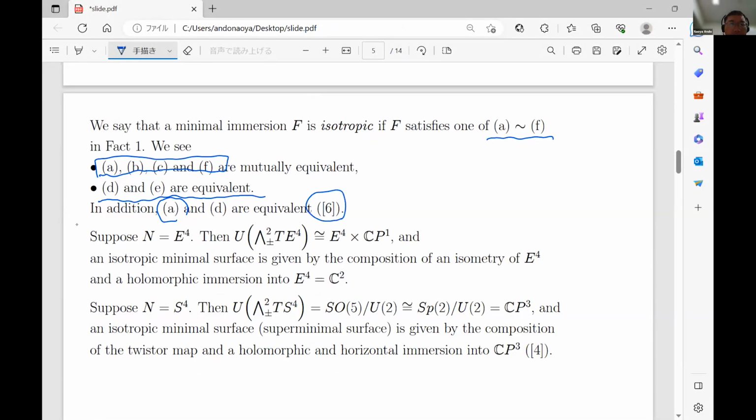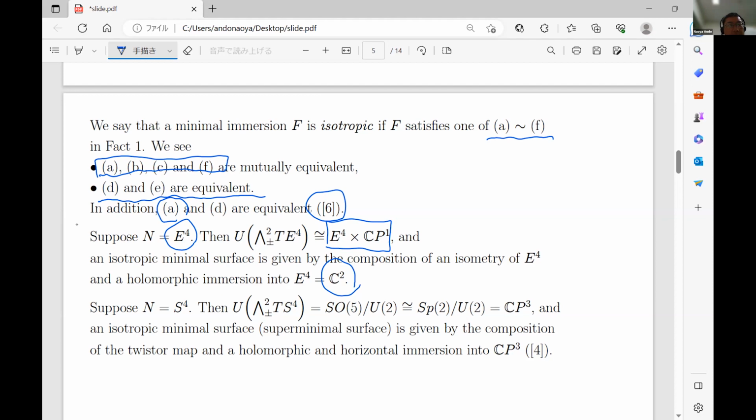Suppose that N is the Euclidean four-space, then the twistor spaces associated with E4 are given by the product bundle. And an isotropic minimal surface is given by the composition of an isometry of E4 and a holomorphic immersion into C2.